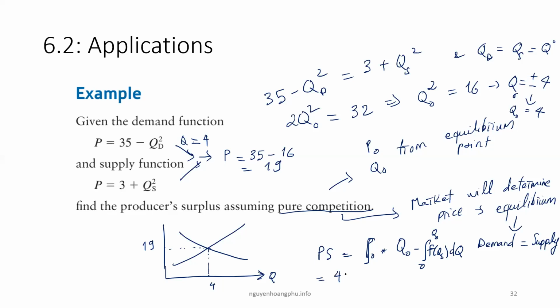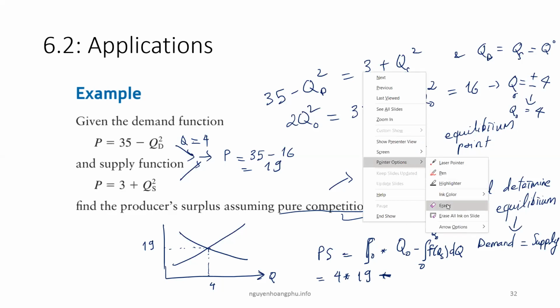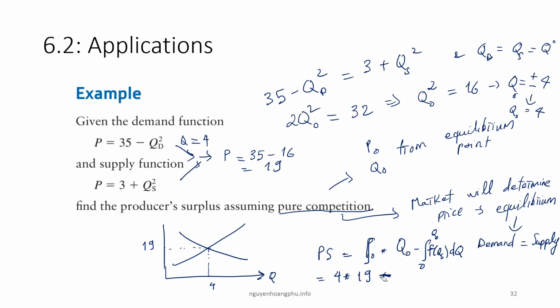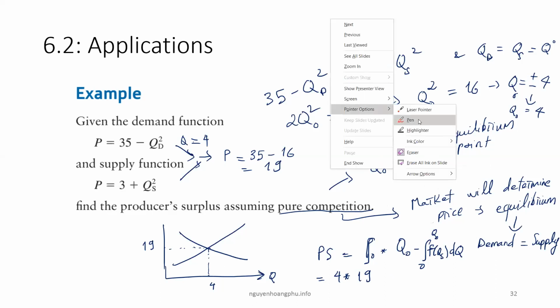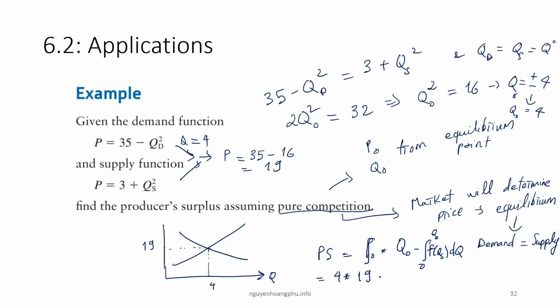So we will have 4 multiplied by 19, minus the integral. Here the supply function F(x) is equal to 3q plus q cubed divided by 3, right?